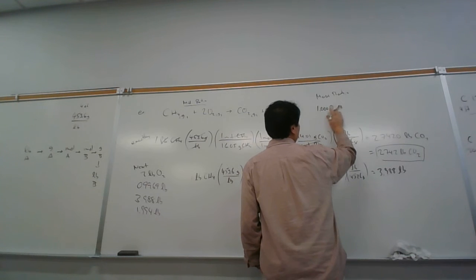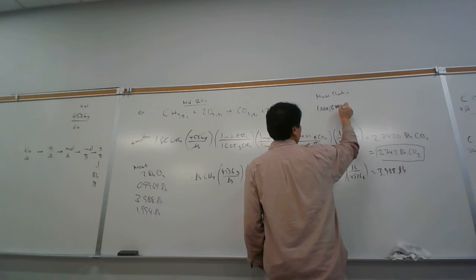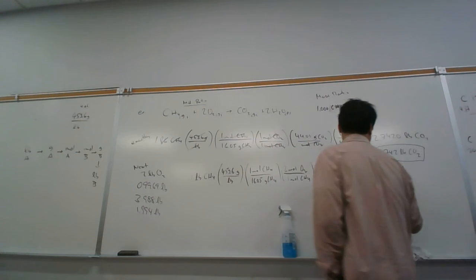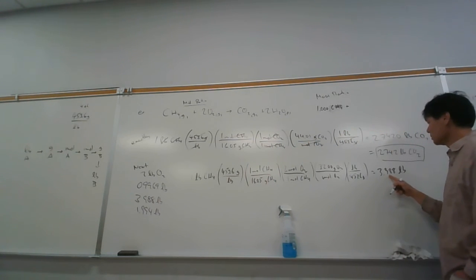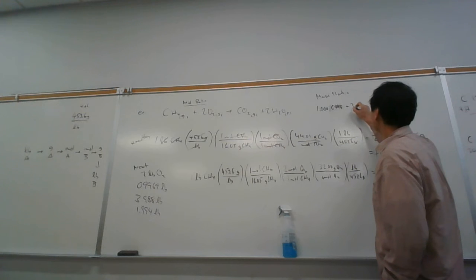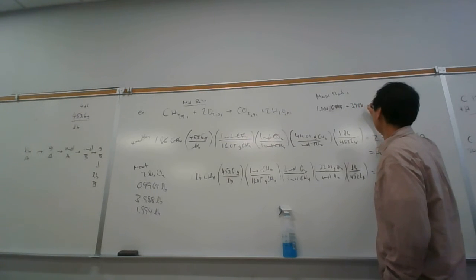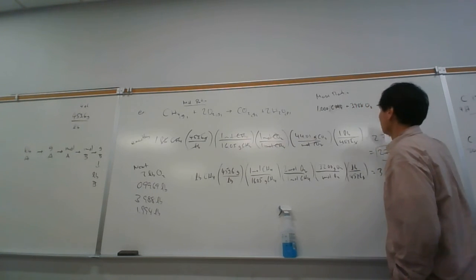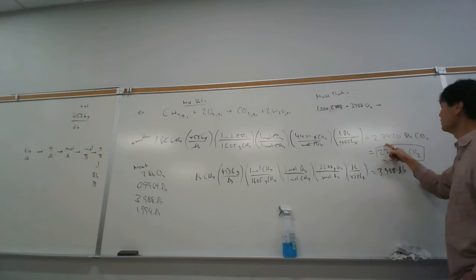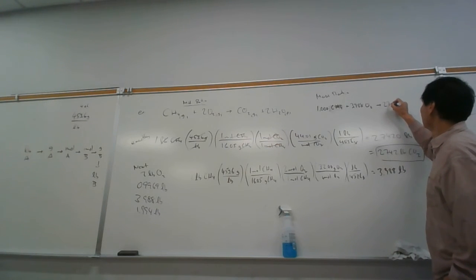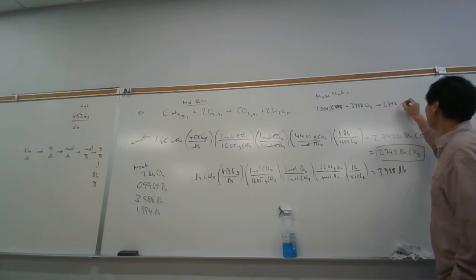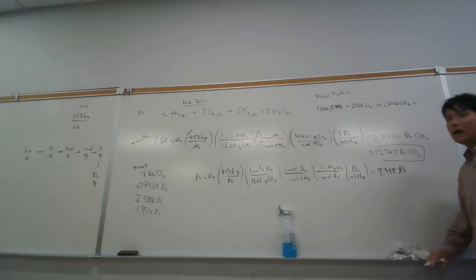And so the mass ratio would be 1.000 CH4 plus, we just calculated how much oxygen, it's 3.988 O2 yields, how much CO2 did we get? 2.7420 CO2 plus, how much water am I going to get?